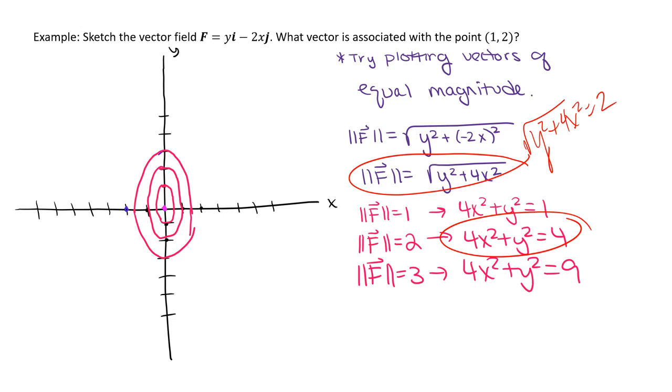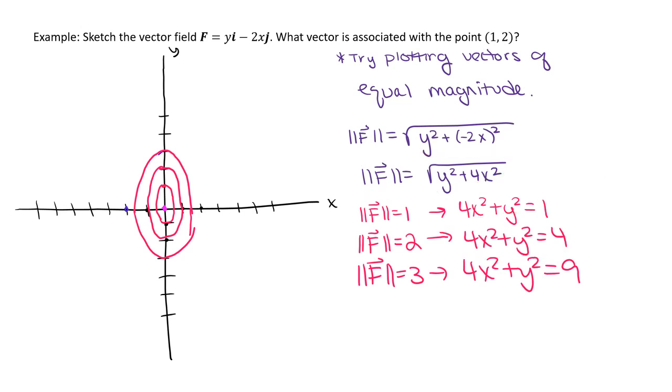And then I set my magnitude equal to 3, squared both sides. 4x squared plus y squared equals 9 is yet another ellipse. That's the third ellipse that I've drawn in my picture, all centered at the origin. So these are all places where my vectors have an equal magnitude. And so what I said earlier is true. As we go away from the origin, the magnitude of those vectors is getting larger.